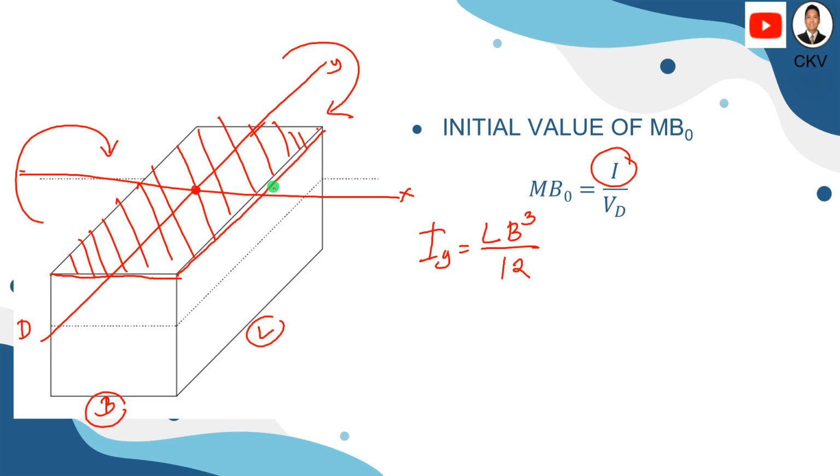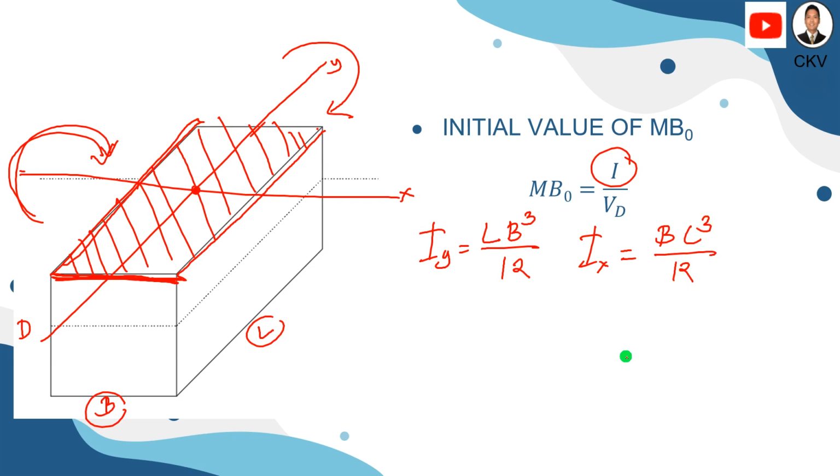On the other hand, if we consider the x-axis, we have bh cubed over 12 again. This will serve as the base, which is parallel to the x-axis, B, and H is this distance, L cubed over 12.